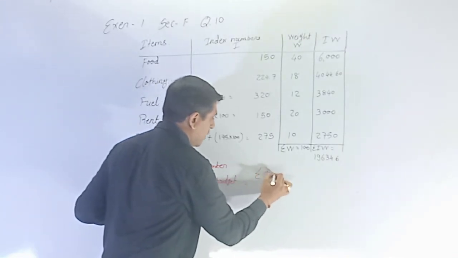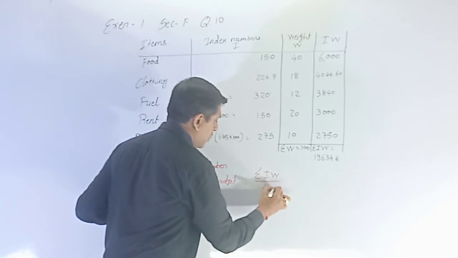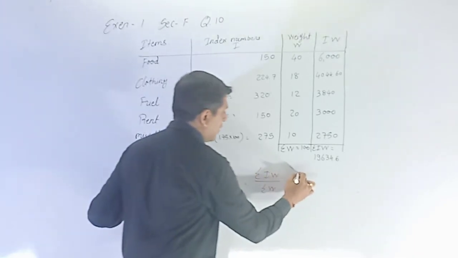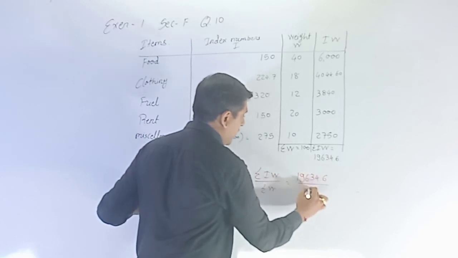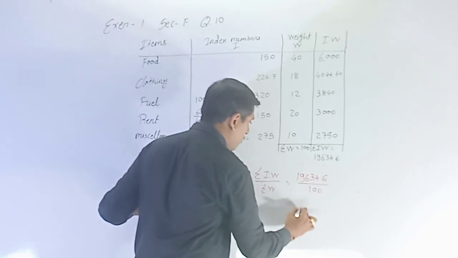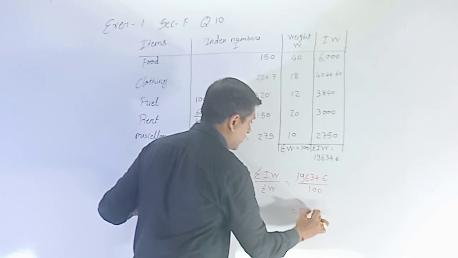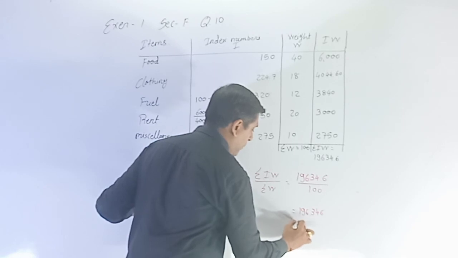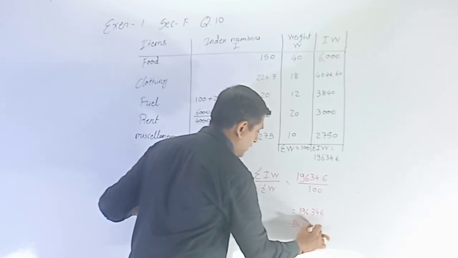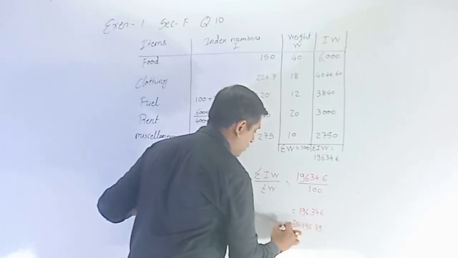That is sigma IW upon sigma W, 19,634.6 divided by 100. So your final answer is 196.346. So your approximate answer is 196.35.